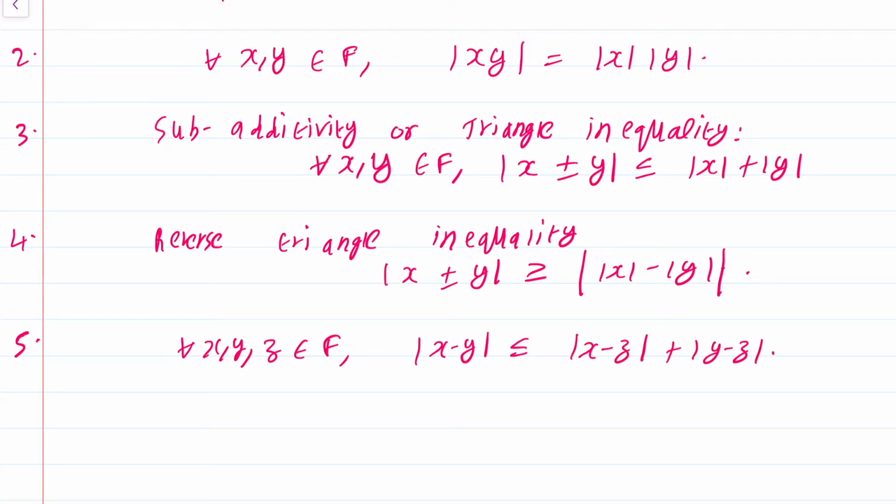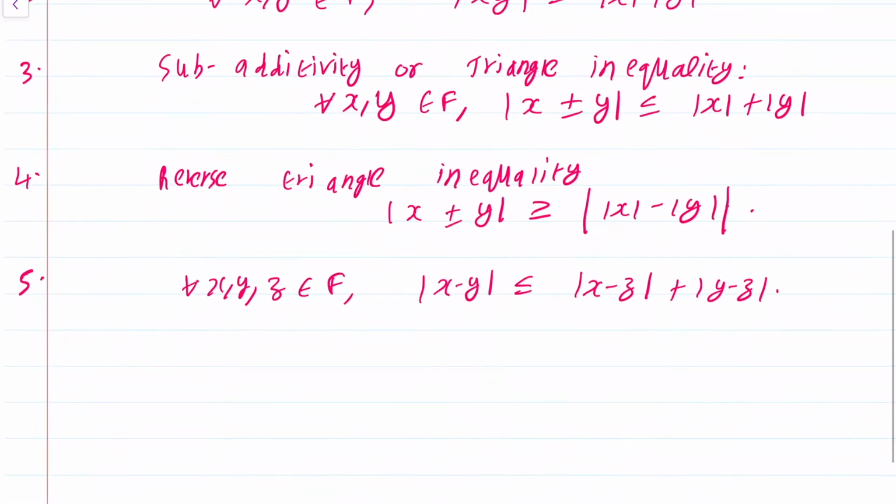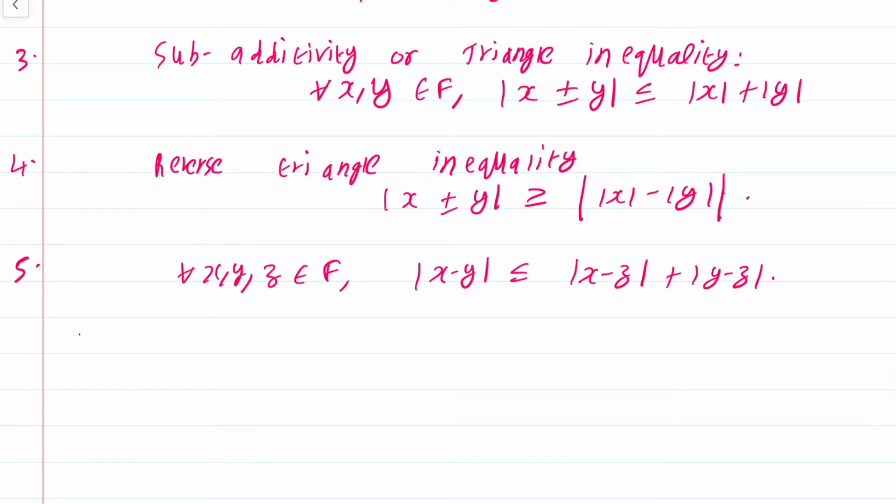Okay. So it's a simple list of properties. Almost all the properties can be given very simple proofs. Let's see the proof of this. First is the obvious thing that mod x is always greater than or equal to 0. This is obvious, but nevertheless, let me write down a proof.